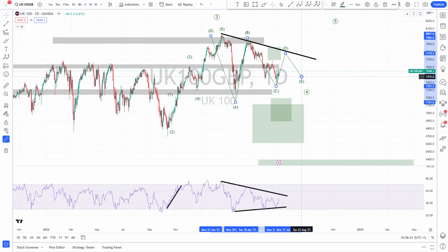So for the FTSE overall conclusion, I will be honest with you, I see multiple possible structures in the higher time frame, but also in the lower time frame. I think for investors, the conclusion is that you cannot do much at the moment, because we are somewhere in between.